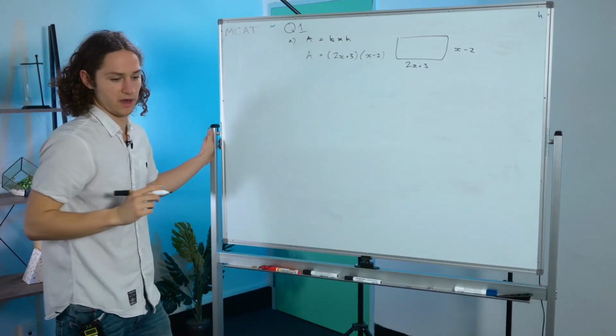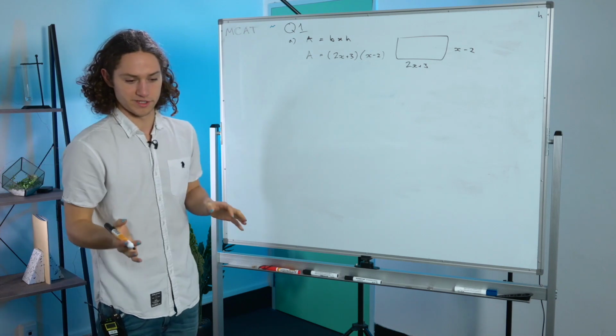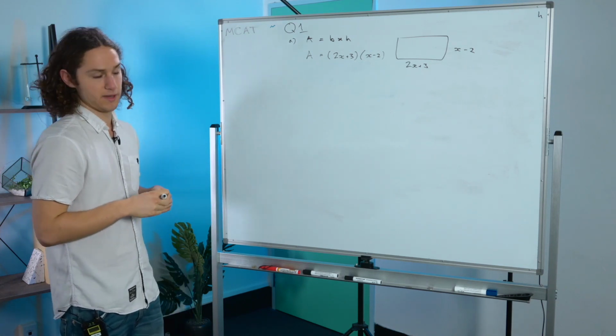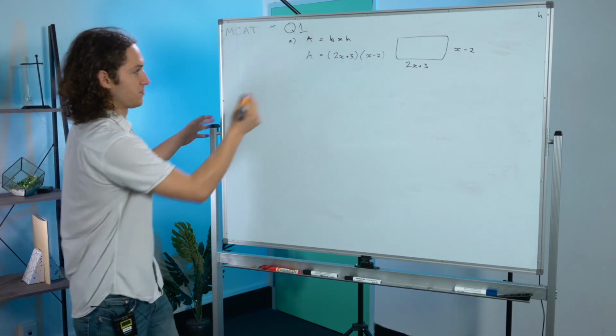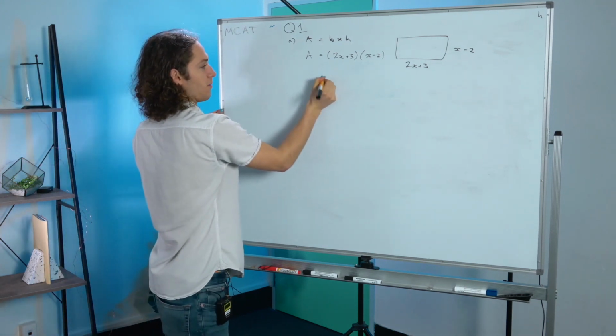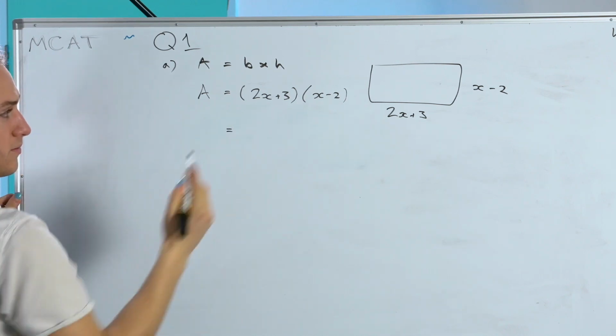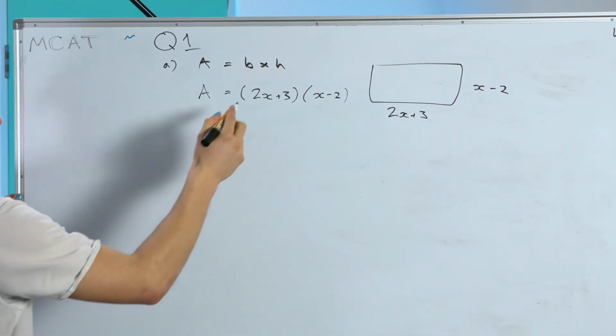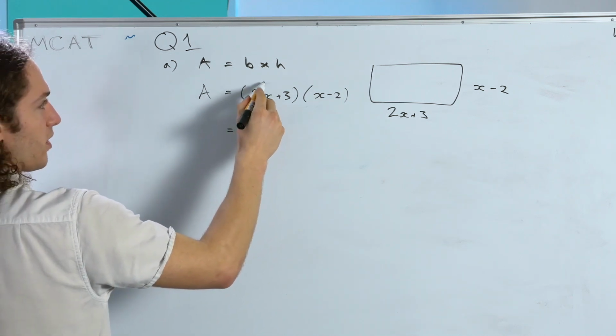So that's the expression for the area. And we just check what the question's wanting, in the form ax squared plus bx plus c. Cool, so that's the expanded form of this. So we just have to expand out this expression here. And we're going to do that using FOIL.